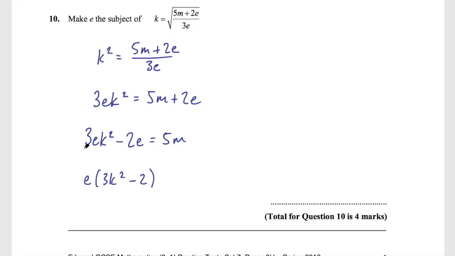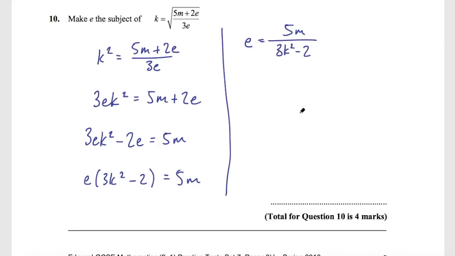So I've taken the e out of both of those terms, and then that equals 5m. And now I need to divide this side by these brackets here. So everything inside these brackets, bring over to the right-hand side and make it a division. So we're going to get e equals 5m over (3k squared minus 2). And that's your final answer there.